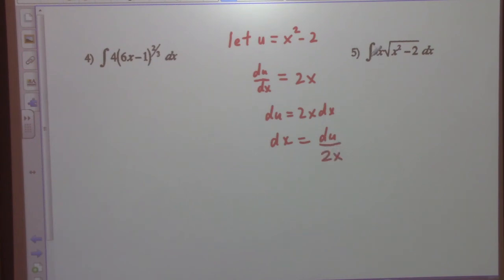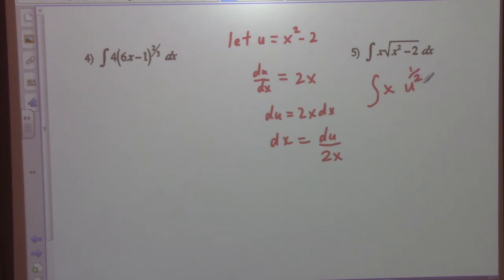Okay. So now, substituting in, we have x here, and here we have u to the what power? 1/2.